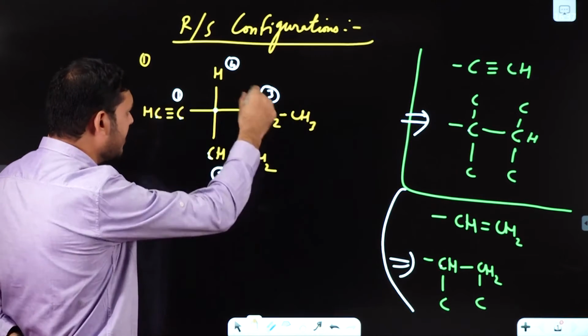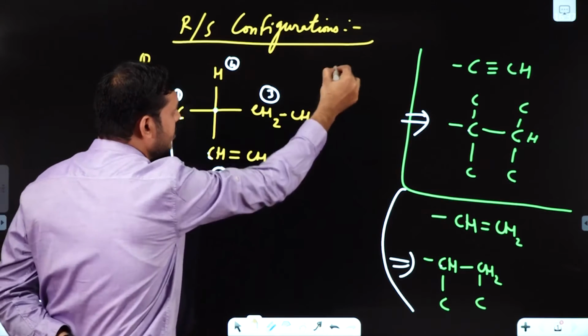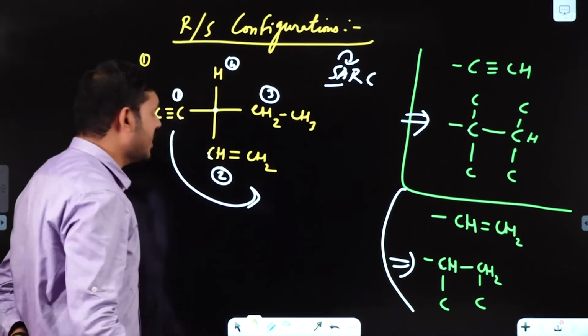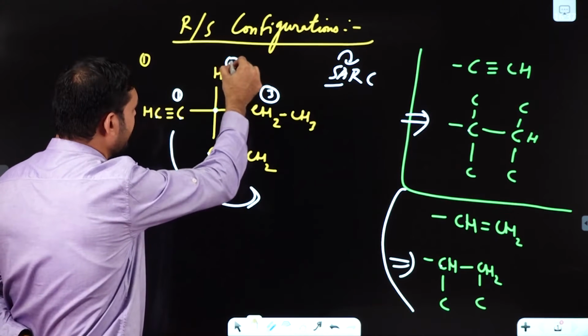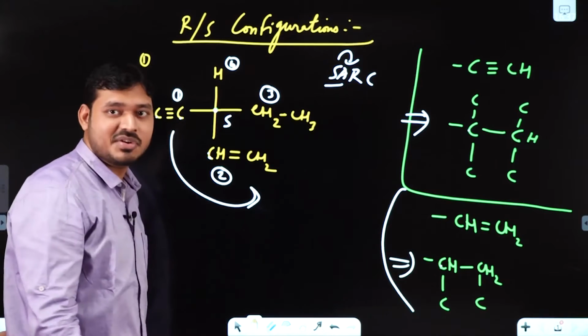Now we have made the priority. We can see here it is anti-clockwise using the rule, so S configuration, and the fourth group is in the vertical line, so it is S configuration. Clear to everyone?